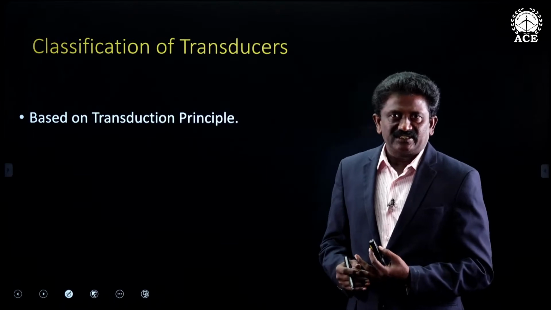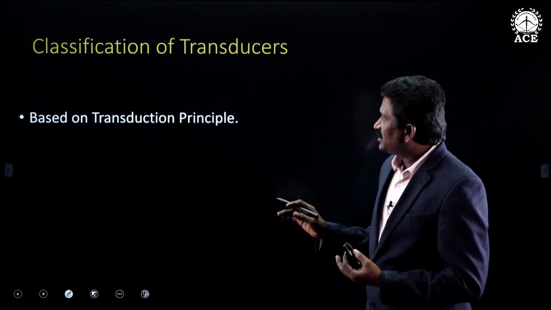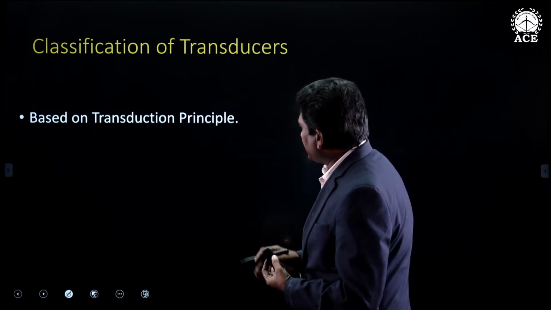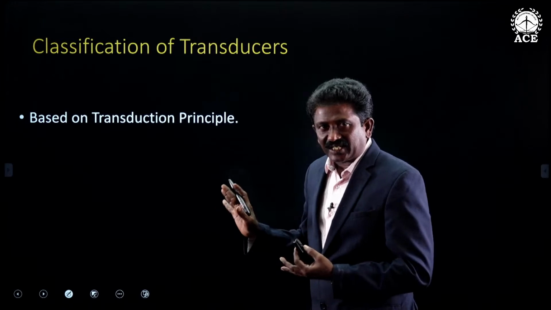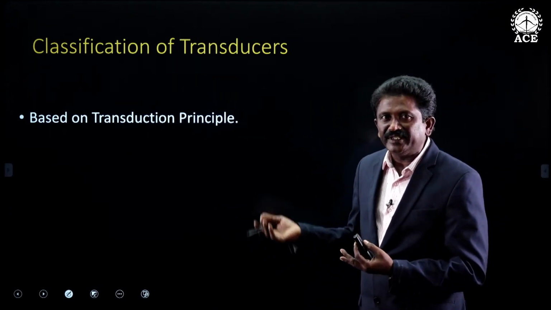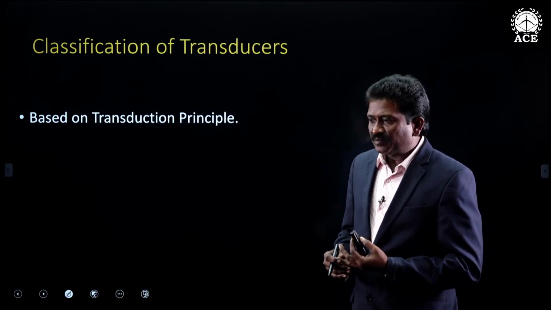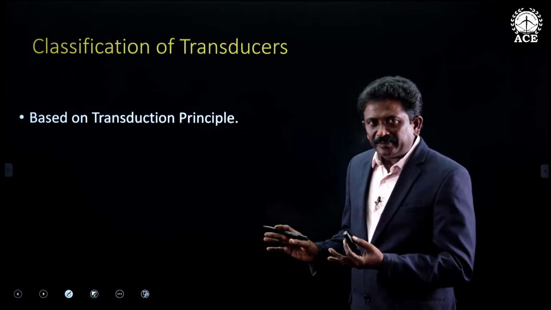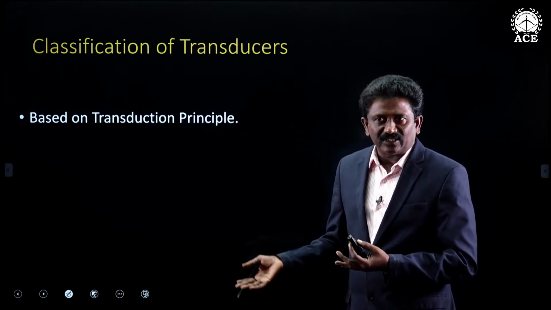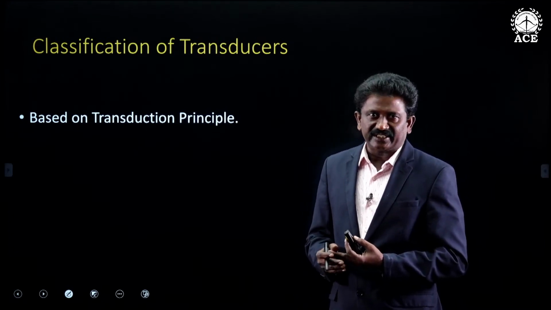That is the role of the transducer. So based on the transduction principle, you can understand the first classification of transducers. Transduction principle means any physical quantity will be converted in the form of resistance, capacitance and inductance.